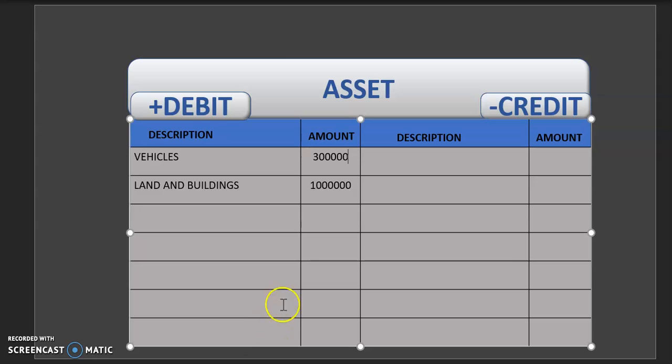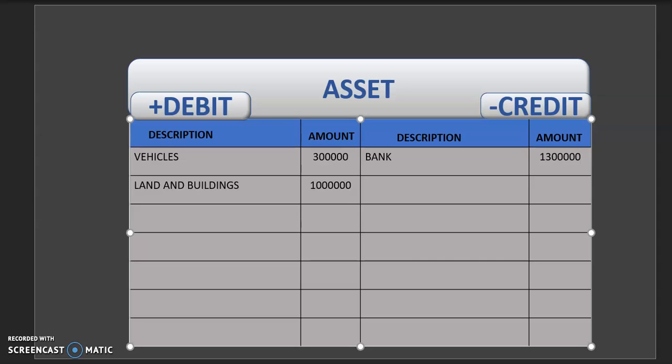So let's now look at transactions that fall on the negative side. For example, let's say purchasing these 2 assets required that we take money out of our bank account. So bank, about 1.3 million, right?